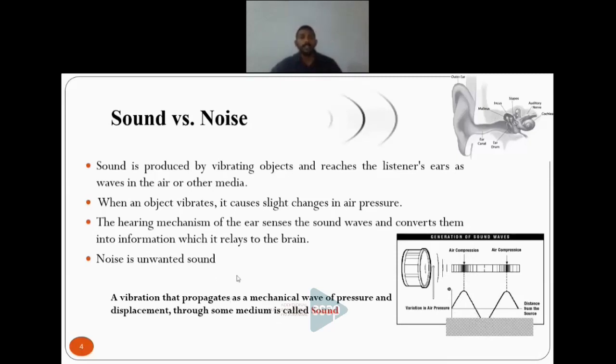Now let's see how the noise is transferred to an ear. These are the waves produced by the vibration of the object, which reach the outer ear, called the pinna, and through the ear canal reach the ear drum.